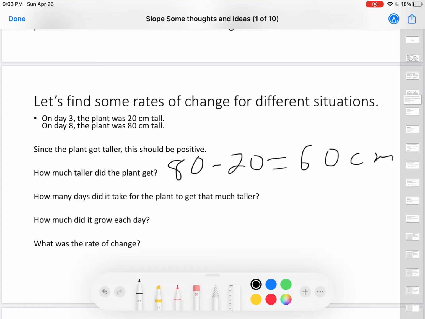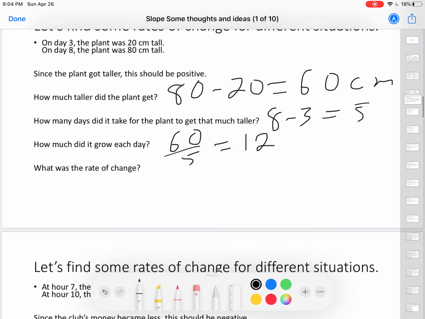Well, it was day 3, now it's day 8, so that's 8 minus 3 equals 5. How much did it grow each day? Well, 60 divided by 5 is 12. What was the rate of change? 12 centimeters per day. You have to have the unit when you give a rate of change. 12 centimeters per day.